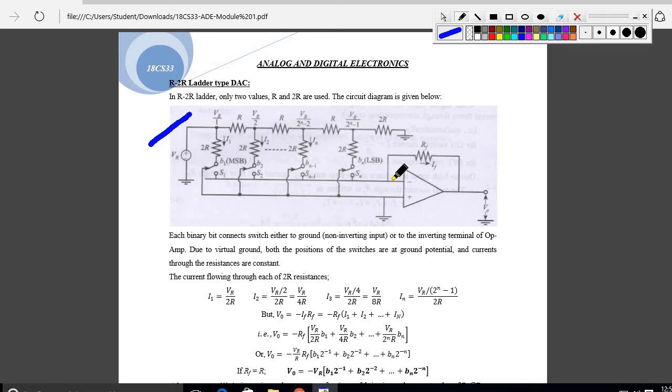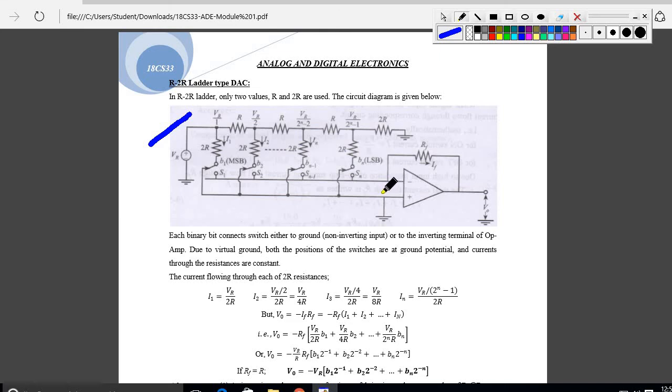So whether the switch is at the negative terminal or the positive terminal, the switches are at ground potential and the currents through the resistances are constant, because both are at ground.